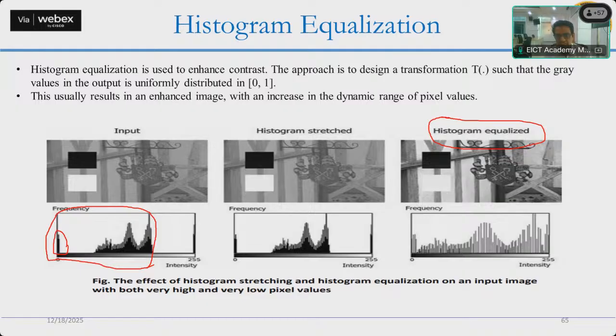My question is, where does histogram stretching not work? Where does histogram stretching not lead to image enhancement?